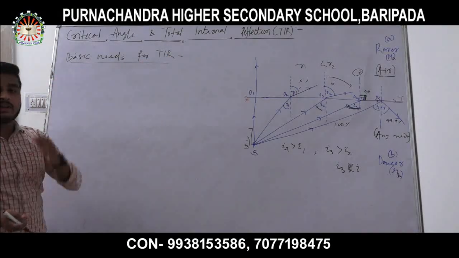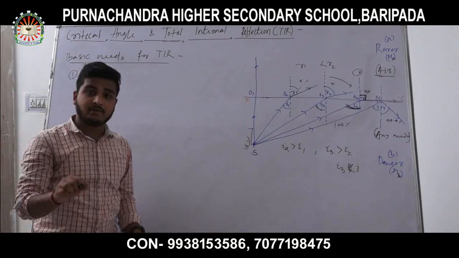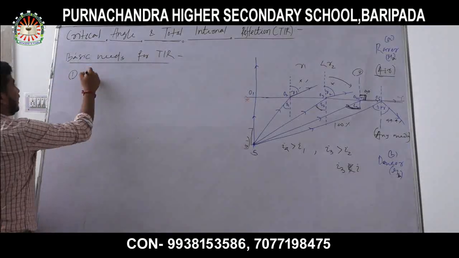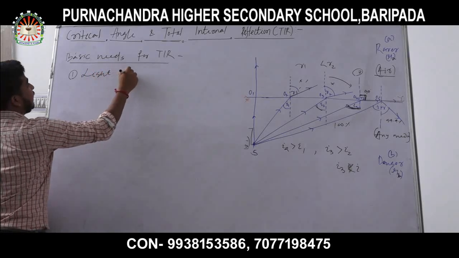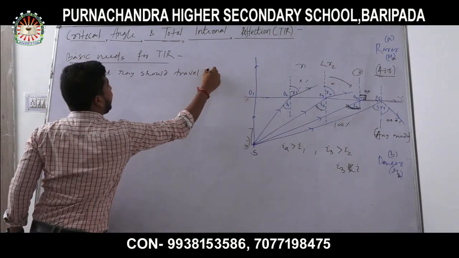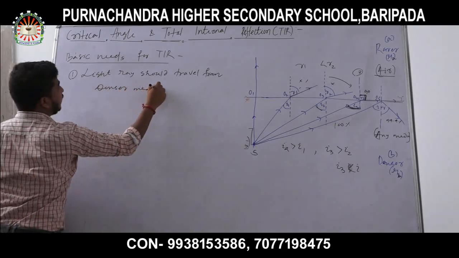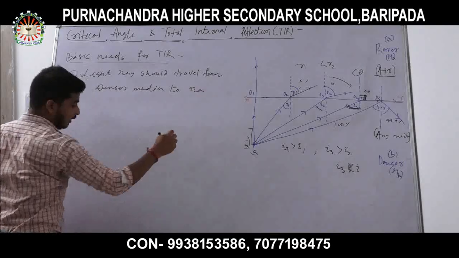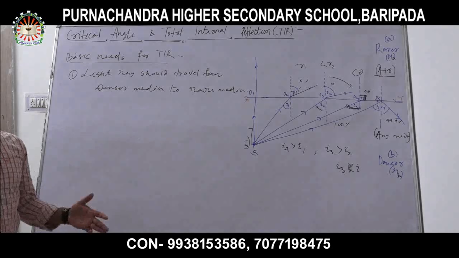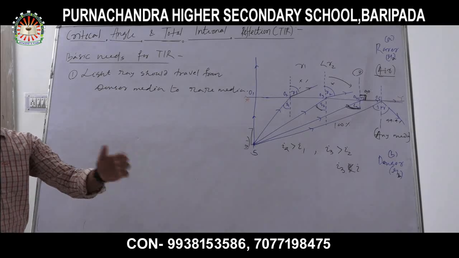The first condition is that the ray of light should travel from the denser medium to the rarer medium. Whenever you think about total internal reflection, first you should recall that the light is going from a denser to a rarer medium. It is the first condition.